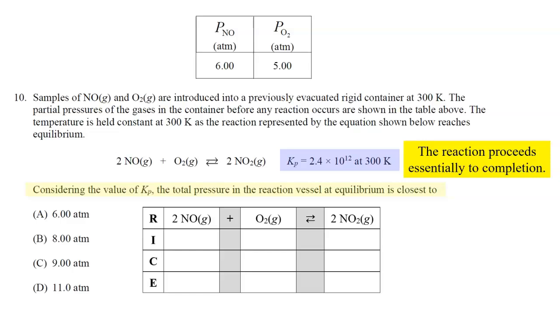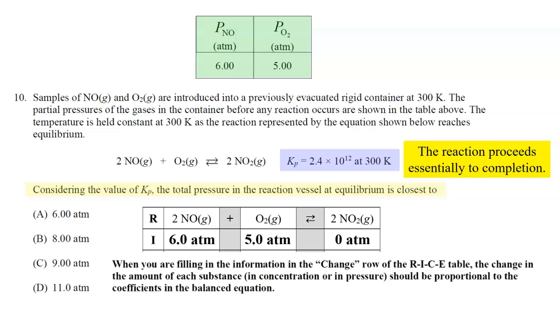So our initial pressure for the reactant nitrogen monoxide is 6 atmospheres. The initial pressure of the oxygen, which is also a reactant, is 5 atmospheres. And since there's no information given about the initial partial pressure of the product, nitrogen dioxide, or NO2, we can assume that that initial partial pressure is 0.